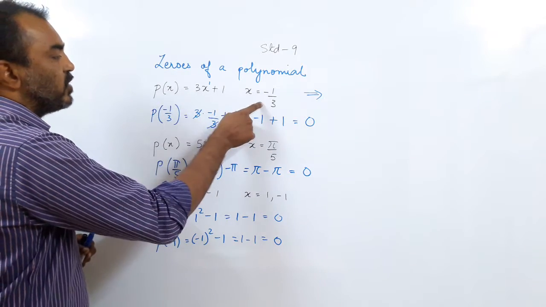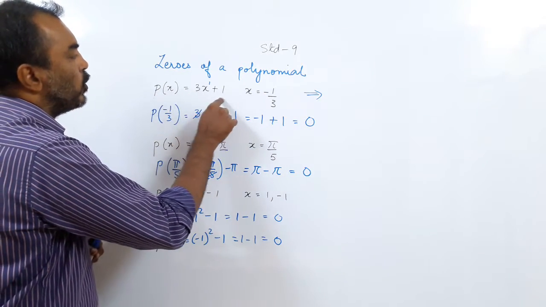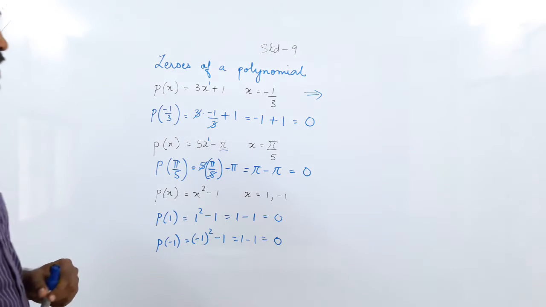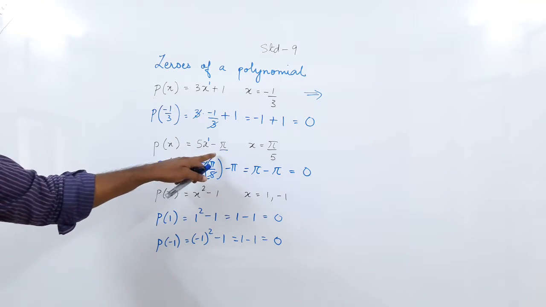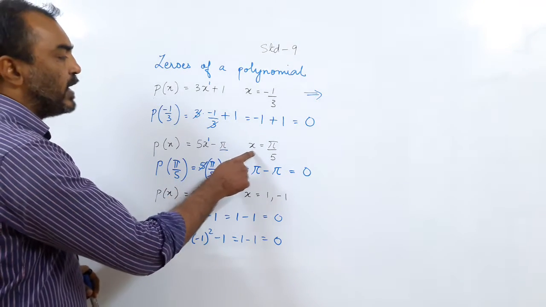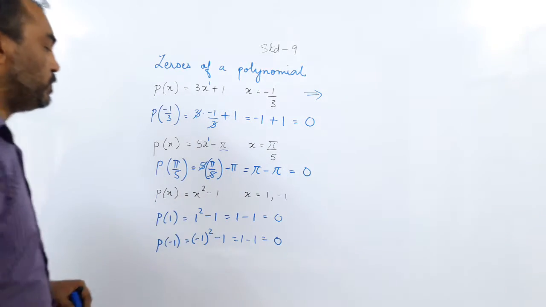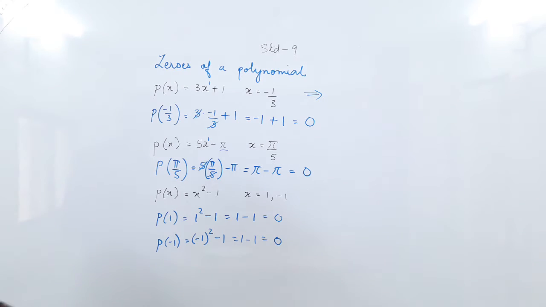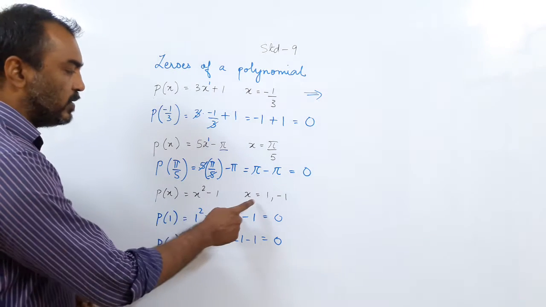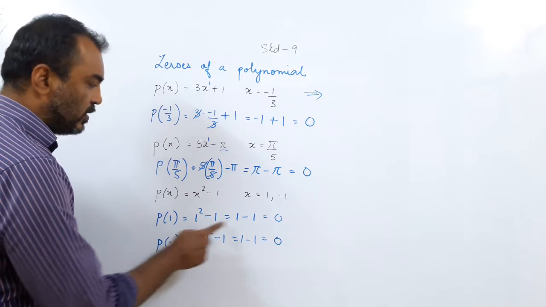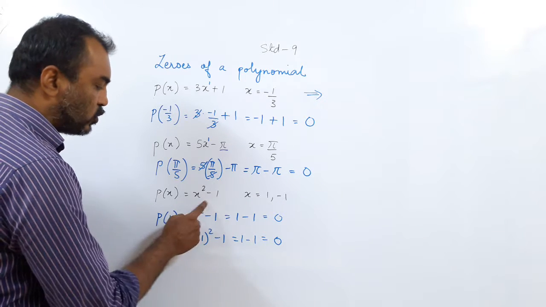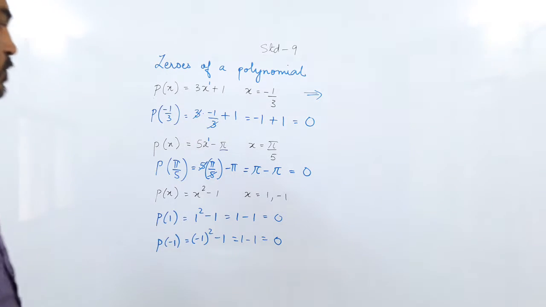When x is -1/3, the value of the polynomial becomes 0. In the polynomial 5x minus pi, when the value of x is pi upon 5, the value of the polynomial becomes 0. In the polynomial x square minus 1, when x is equal to 1, the value is 0. When x is equal to -1 also, the value is 0.